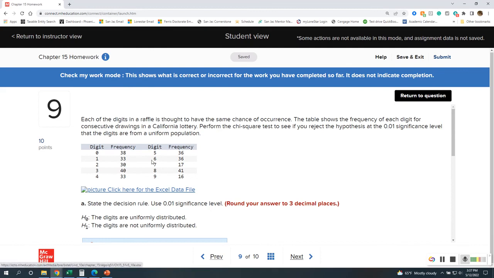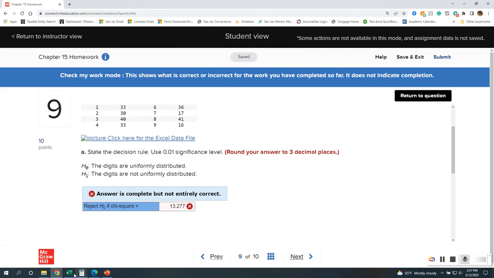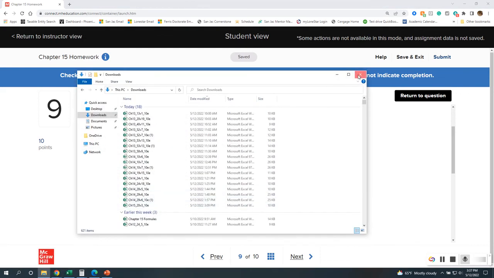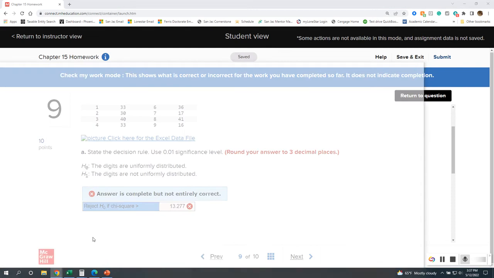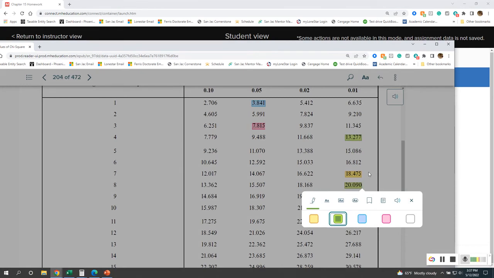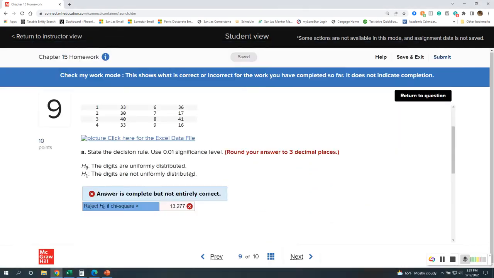I just went with 4 rows. There's actually 9, so that's actually 8. This is what happens when you try and speed a little bit. Alright, so 8 at this is actually this one, 20.09.